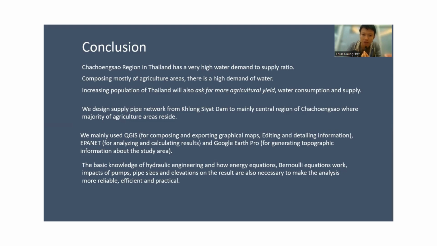With the help of these softwares, the analysis these days and in the future will be very easy and straightforward. Firstly, we need the basic knowledge of hydraulic engineering and how the energy equations and Bernoulli equations work, and how the installation of pipes, pumps, and their sizes and elevations impact our result. This basic knowledge is necessary, even though these softwares help with calculating and analyzing to a certain extent.